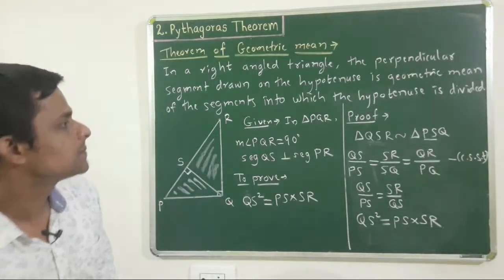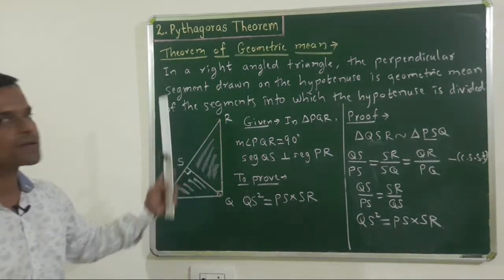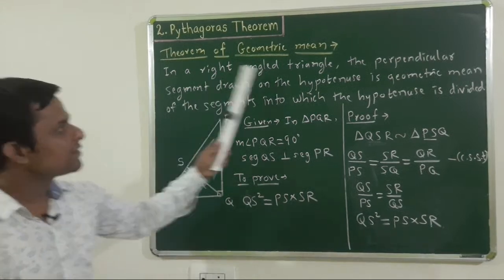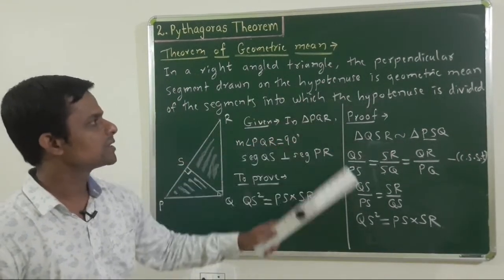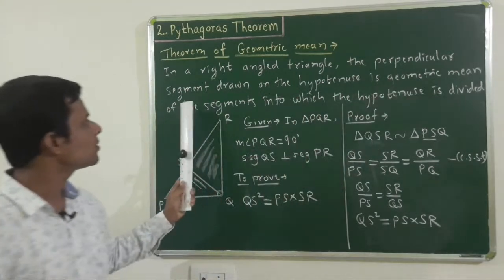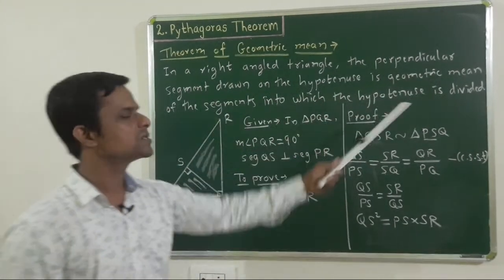Proof is very simple. See once again the meaning of this geometric mean property. In a right angle triangle, the perpendicular segment drawn on the hypotenuse from the opposite vertex is the geometric mean of the segments into which the hypotenuse is divided.